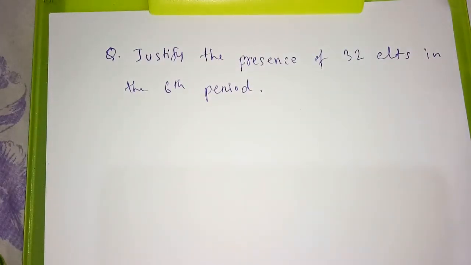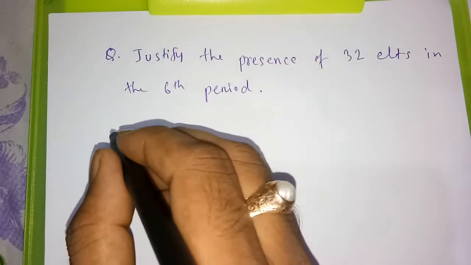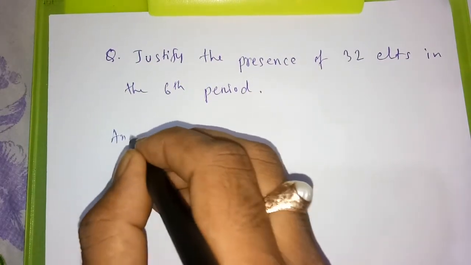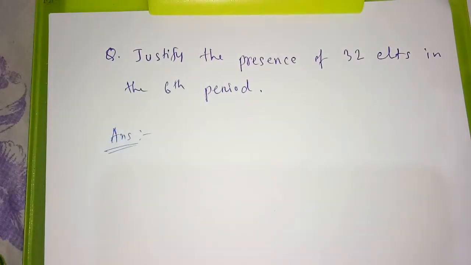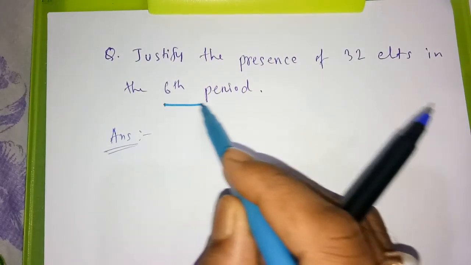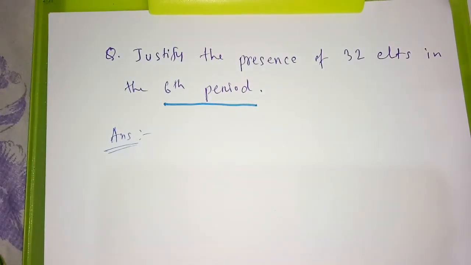So, answer to this one, what you have to do, the question is you have to justify the presence of 32 elements in the sixth period. Period is your sixth period.